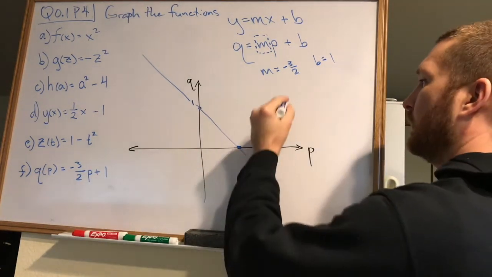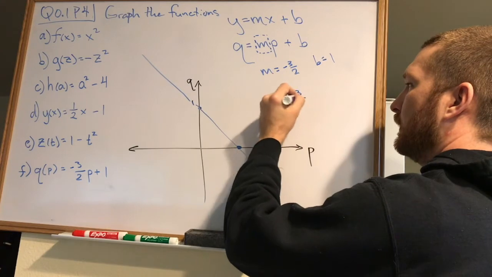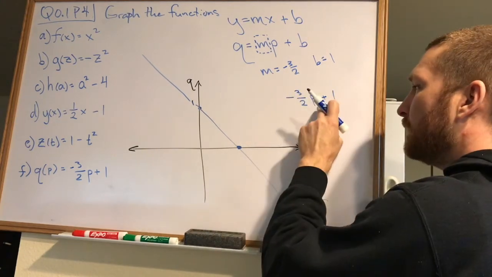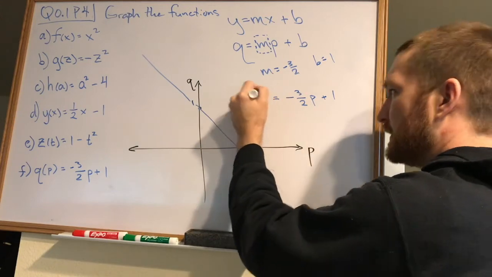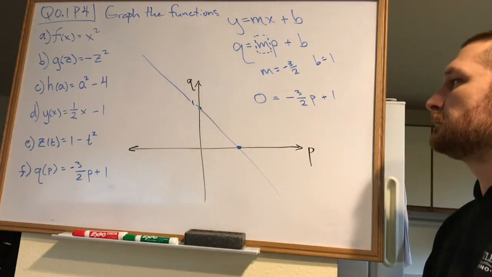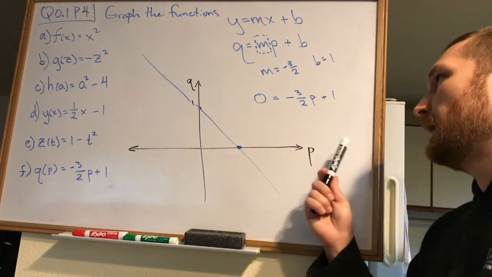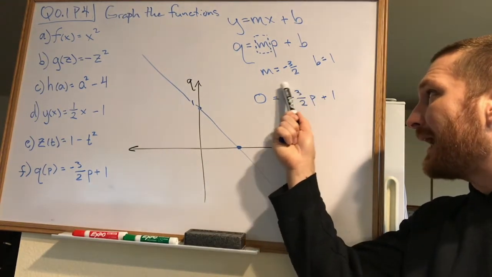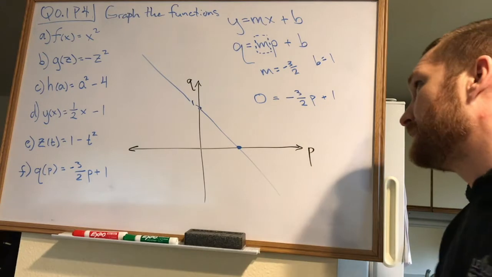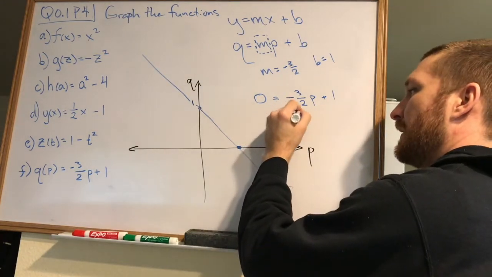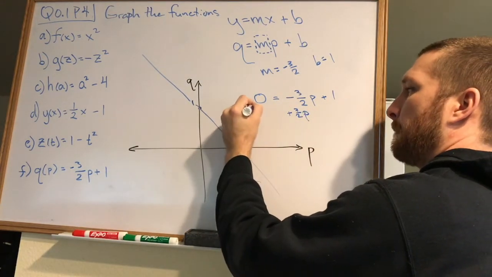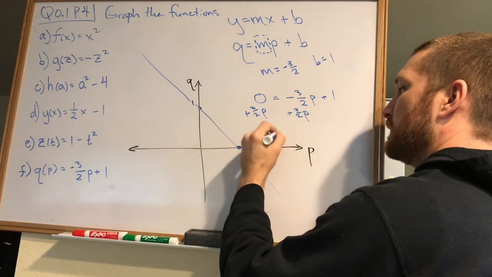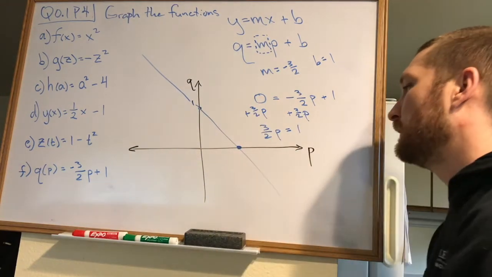So we're trying to find out, given this right here, what p-value gives me 0 as an output. I could subtract 1, or I could add that guy to both sides. I think that's what I'm going to do. Plus 3 halves p on both sides. And we get 3 halves p equals 1.